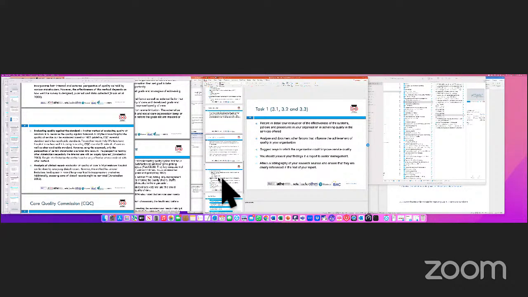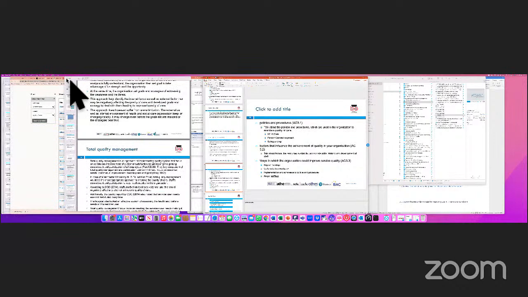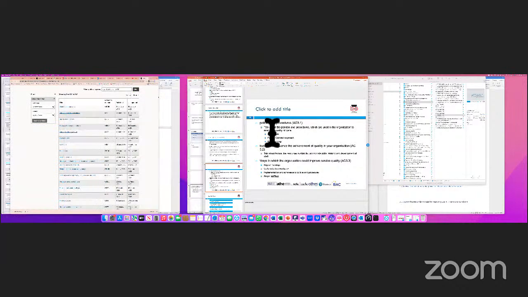For task 3.1, we need to discuss a policy and procedure from a particular organization, in order to discuss how the effectiveness of policies and procedures is assessed within the organization to keep quality conforming to the regulatory regime in place.